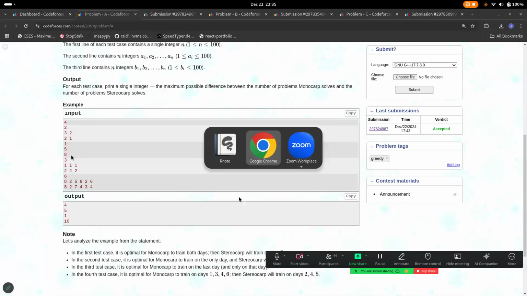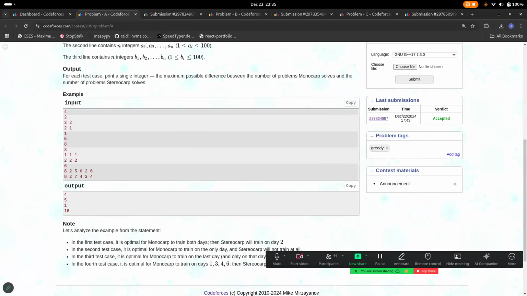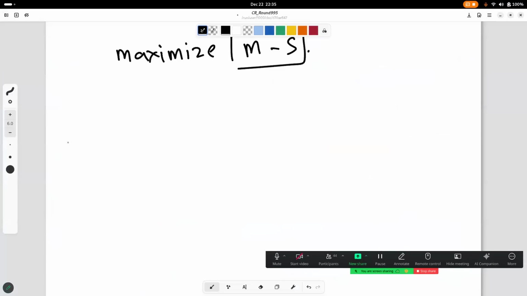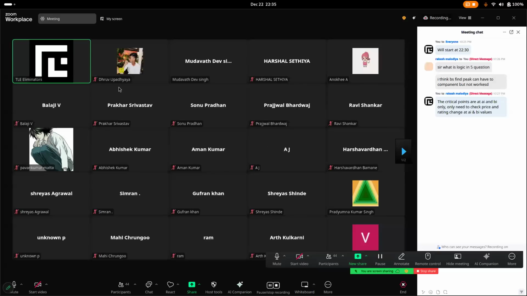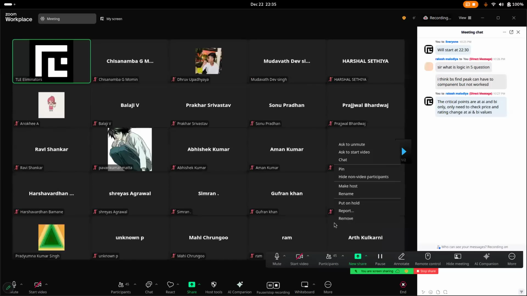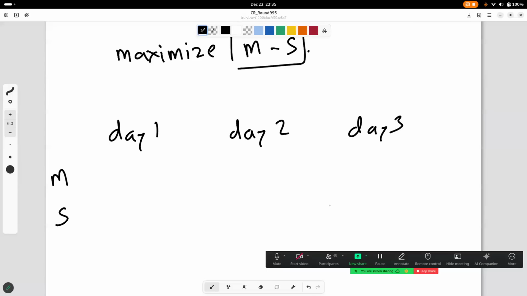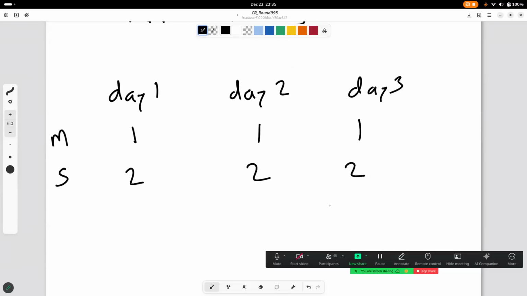Now, if we look at the third test case, we have 3 days. Here you have Monocarp, and here you have the second guy, Stereocarp. On the days, Monocarp can solve 1, 1, and 1 problems, and S can solve 2, 2, and 2 problems.